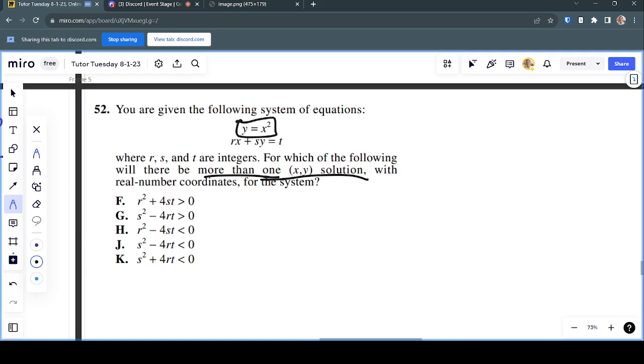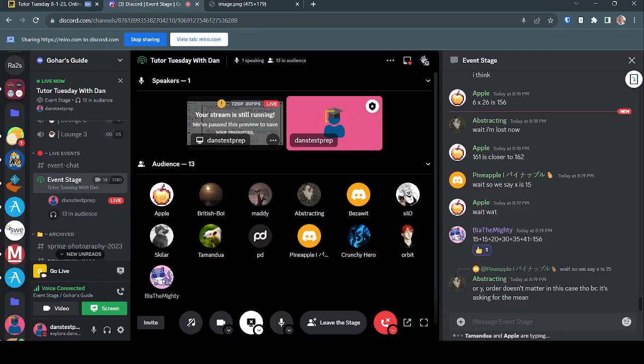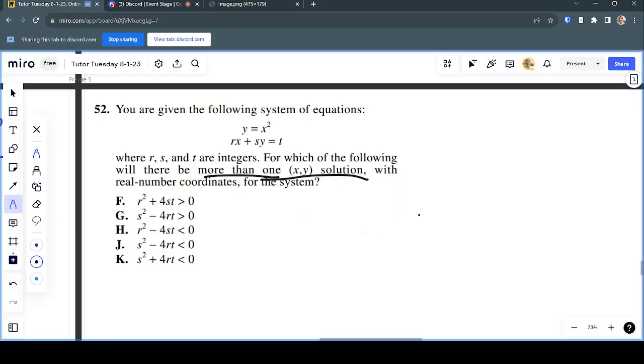Also, I have this definition, y equals x squared. Sorry, I think my mic cut out.